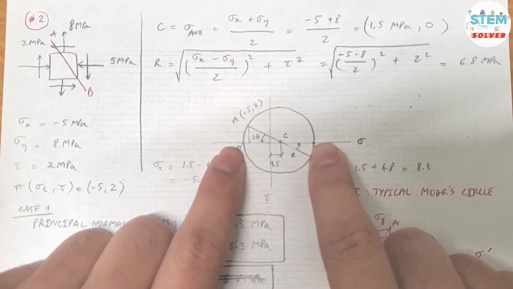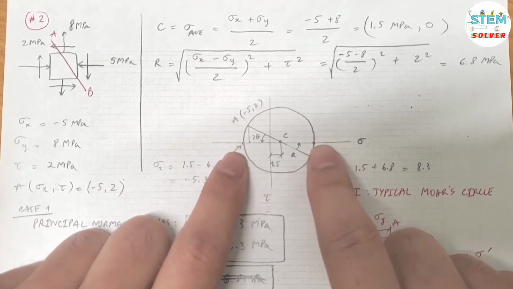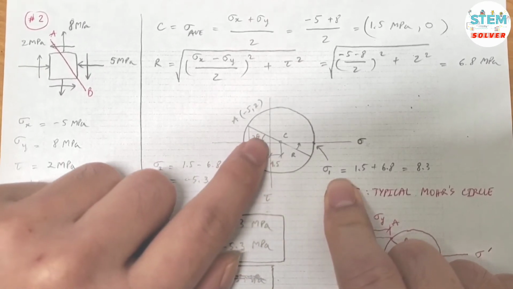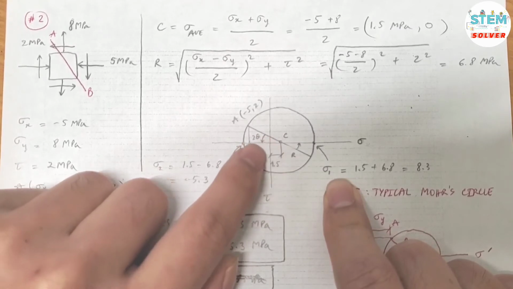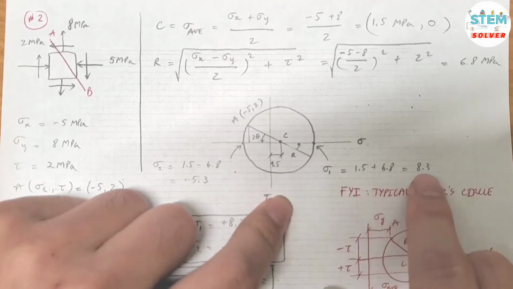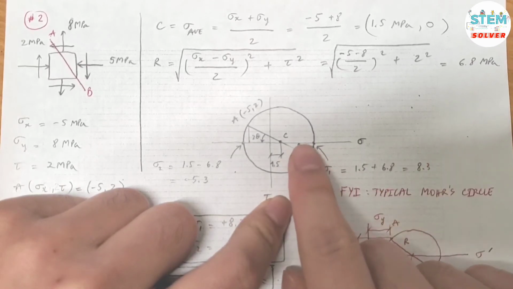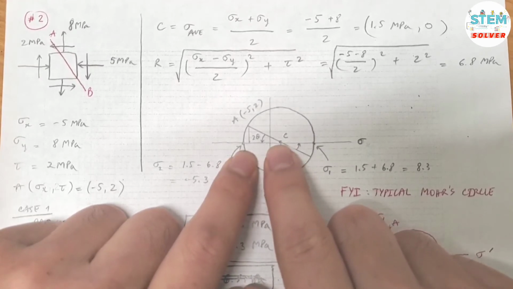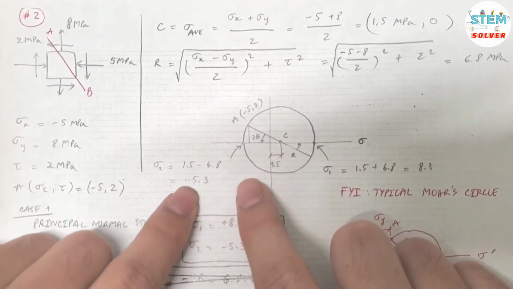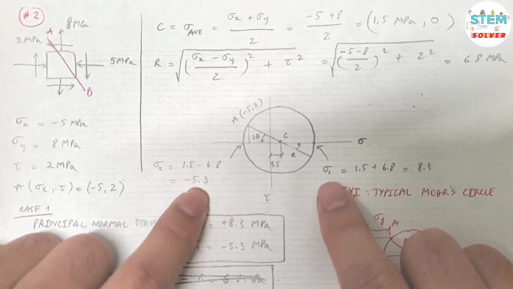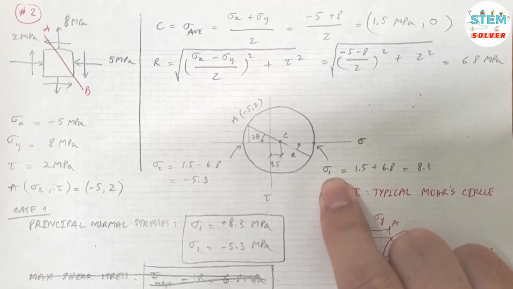So you have two points of intersection. Normal stress 1 is equal to the distance from the origin to the center plus the radius, so 1.5 plus 6.8, which is 8.3. The coordinate of the other point is this distance minus the radius, which is -5.3. So I got the principal normal stresses on the Mohr circle.